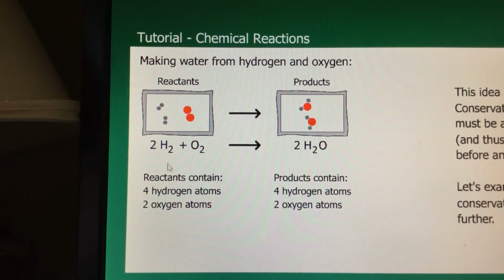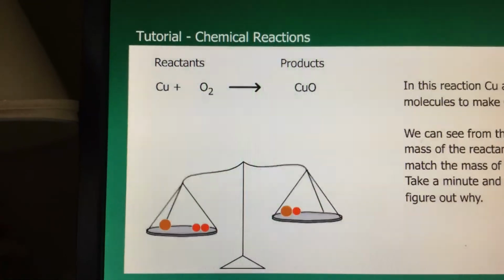All right, and here you can see they counted the elements for you. They counted the reactants, 4 hydrogen atoms, 2 oxygen atoms. They counted the products for you, 4 hydrogen atoms and 2 oxygen atoms.